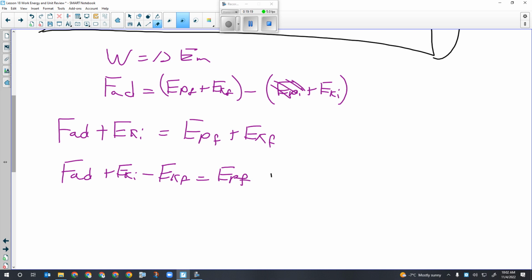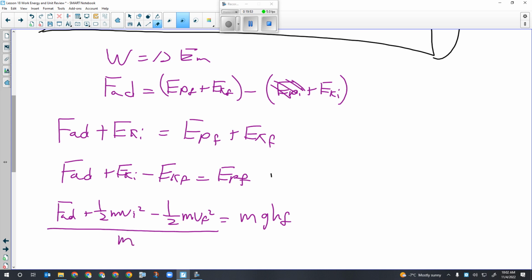Now I can expand that out again: force applied times distance plus 1/2 mvi squared minus 1/2 mvf squared, just plugging in the formulas for our energies, equals my final potential, which would be m times g times h final. I want h final by itself, so what do I do with the m and the g? Divide.